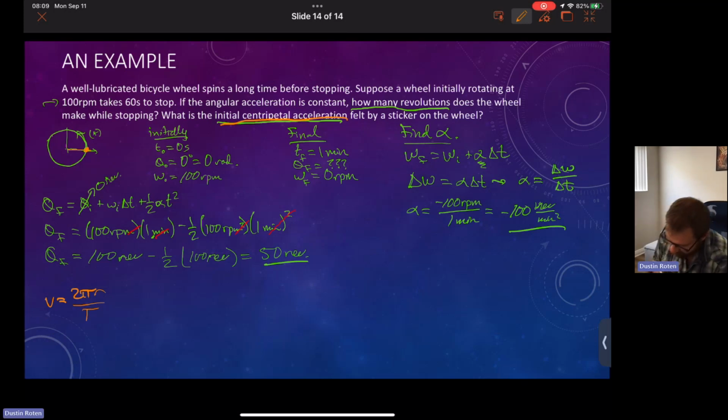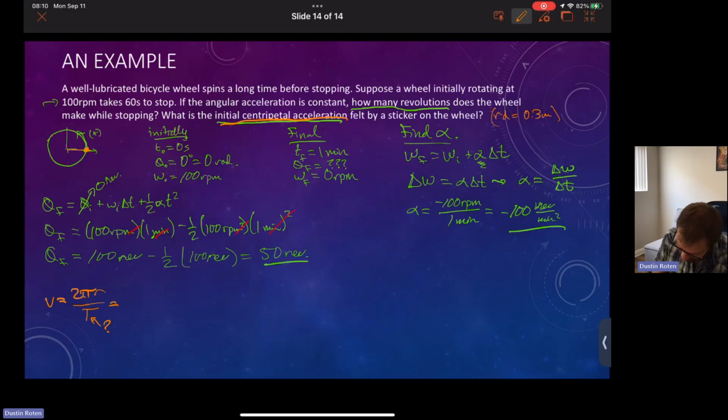Oh, I forgot to include something very important. The radius of this wheel is 0.3 meters. So that is important. All right. So we need T first. What is T?